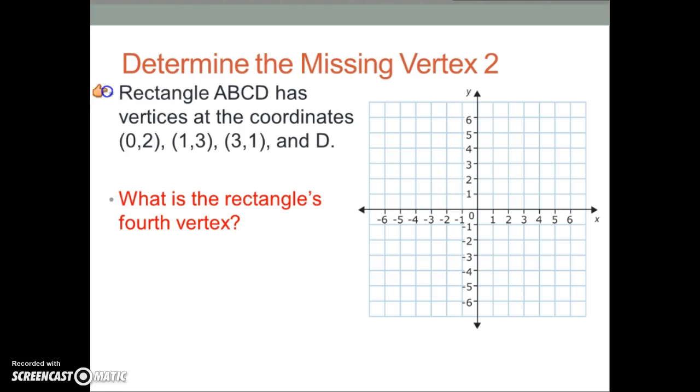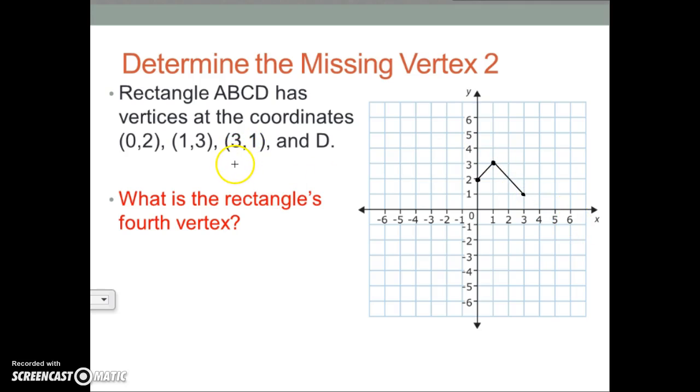This one is a rectangle. So the rectangle ABCD has vertices at the coordinates (0, 2), (1, 3), (3, 1), and point D. So if we plot these points, (0, 2), (1, 3), (3, 1), we can start to see the shape of our four-sided polygon here.